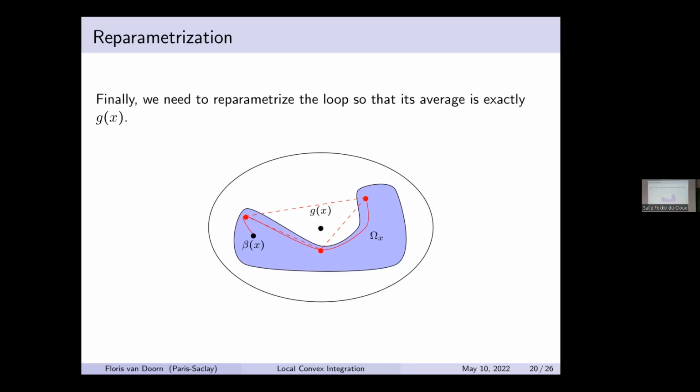For a single point, we have this loop around G, and we know by assumption that this loop surrounds G. So we have these points such that G of X is in the interior of the polyhedron defined by these points. And now what we can do is reparameterize this loop so that we move very quickly from the base point to the first point. We compute the barycentric coordinates of this point compared to this polyhedron.